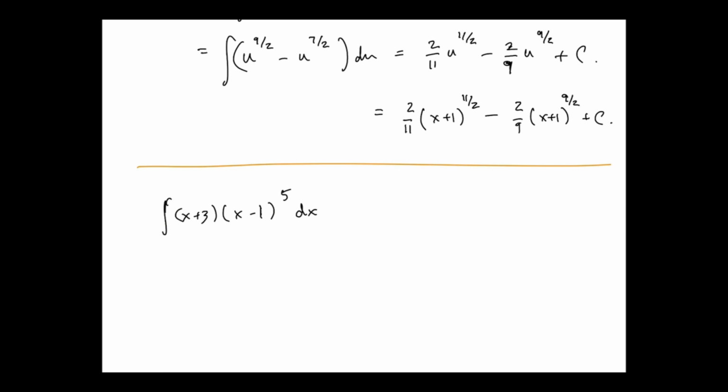But there's a better way, okay? And in particular, suppose that 5, the exponent, were something other than a positive integer. If it were anything else, then we could not expand it all out. So what do you guys think would be the brilliant move here?